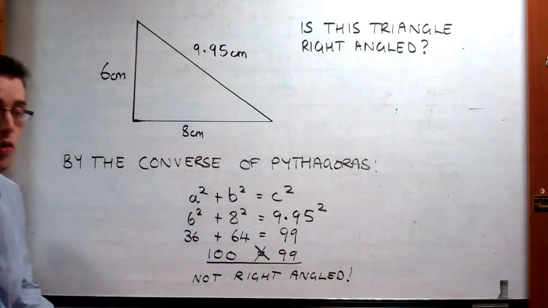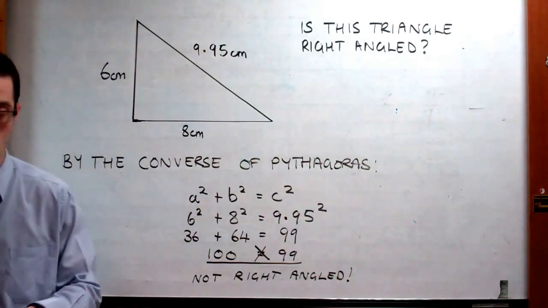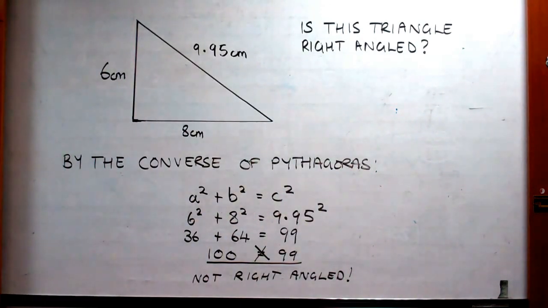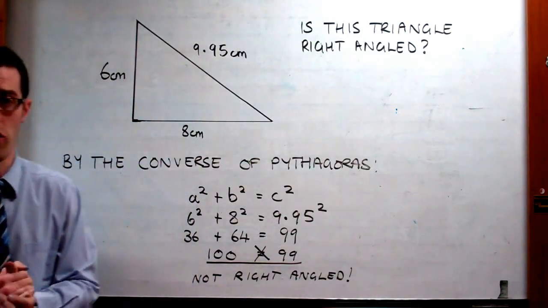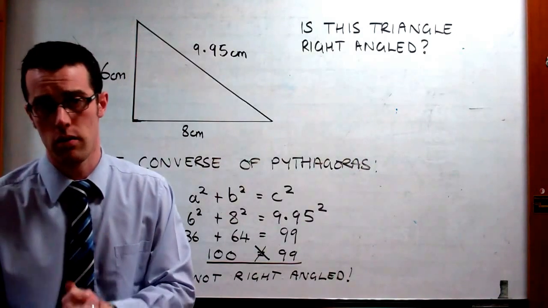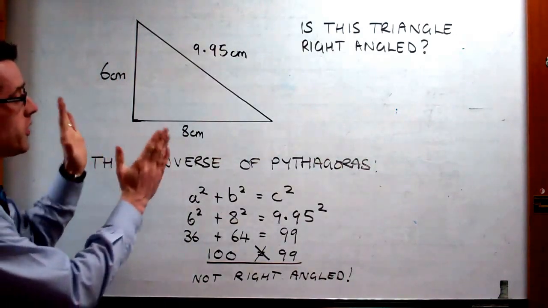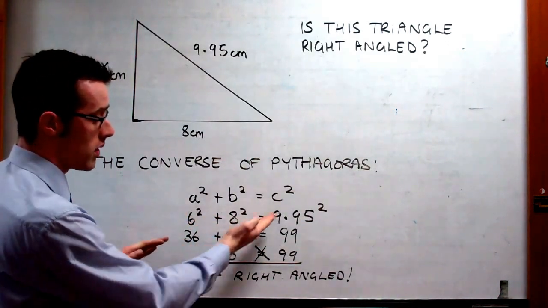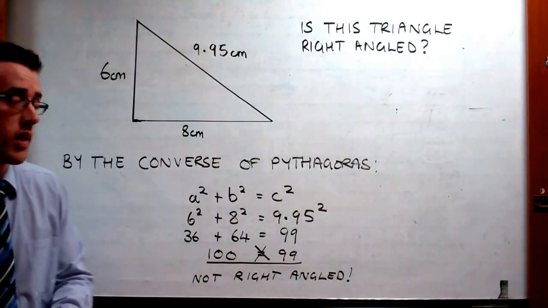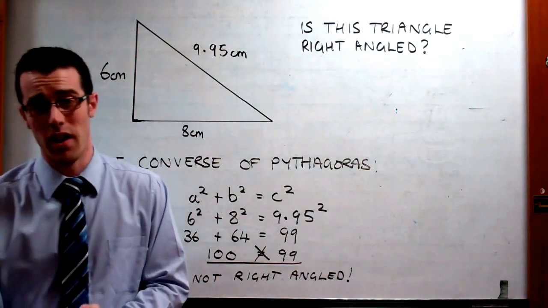The reason why it's not right angled is very simple, because Pythagoras' theorem only works with right angled triangles, and if we don't have a right angled triangle, then the theorem will not work. So we've tested this triangle and found that 6 squared plus 8 squared does not equal 9.95 squared, therefore the triangle isn't right angled.